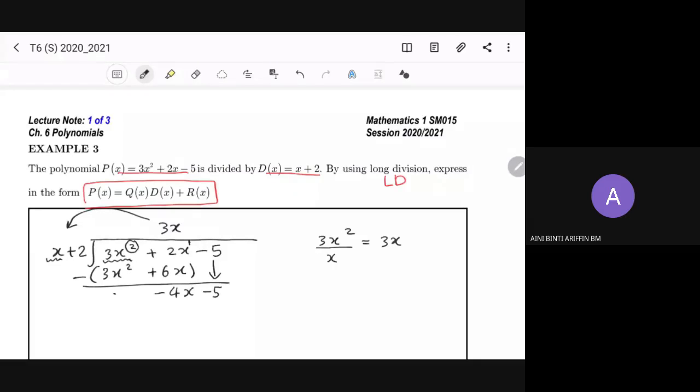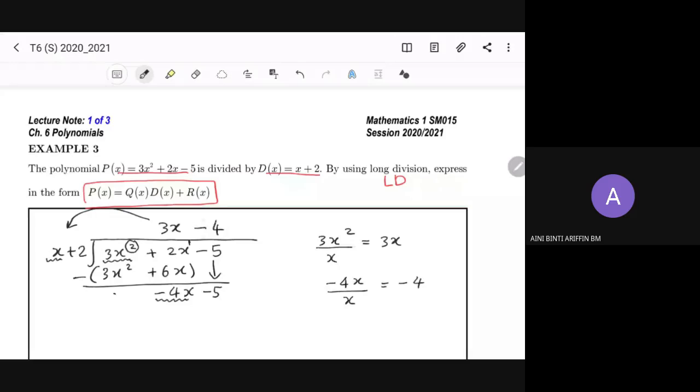Okay. If you look at your remainder, your remainder now is a linear function. And your divisor is also linear. Meaning that we still can divide. So we cannot stop here. We need to proceed. Okay. The next term on the top: negative 4x is the highest term of the polynomial now. Negative 4x divided by the highest term of the divisor, x, gives negative 4. So write negative 4 on the top.